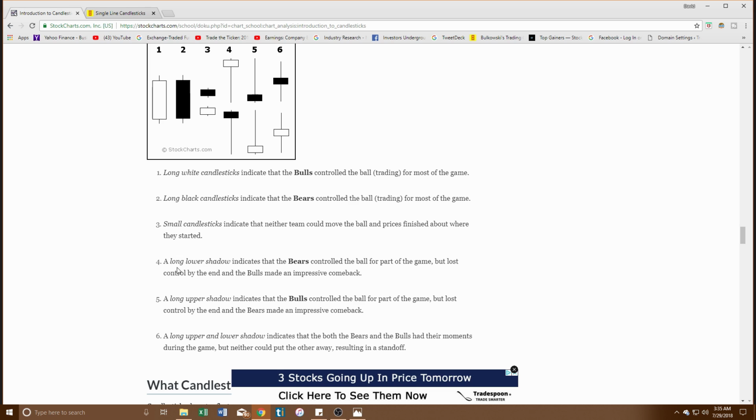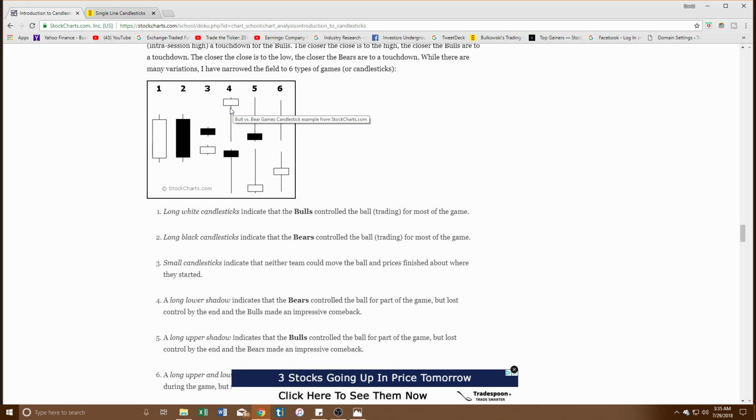Number 4, a long lower shadow indicates that the bears controlled the ball for part of the game, but lost control by the end, and the bulls made an impressive comeback. And that's this right here. Price opens at the bottom, moves up, or price opens here and moves down, but then comes right back up, crosses over where it opened.